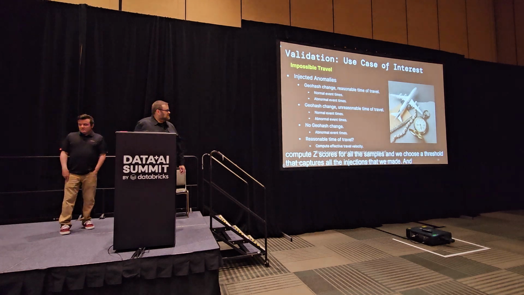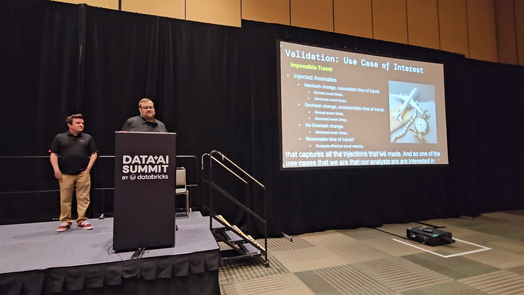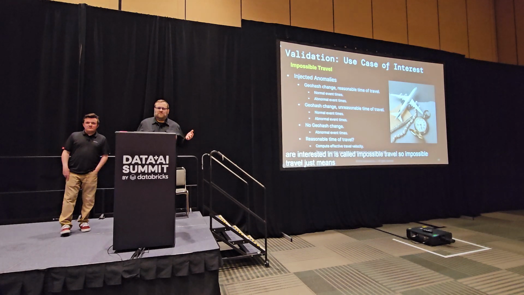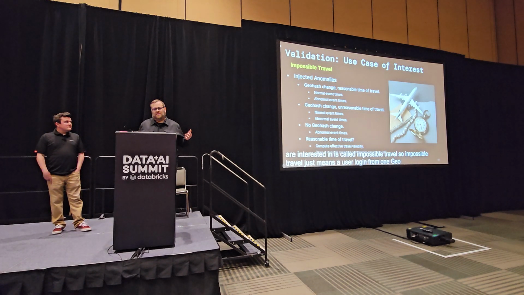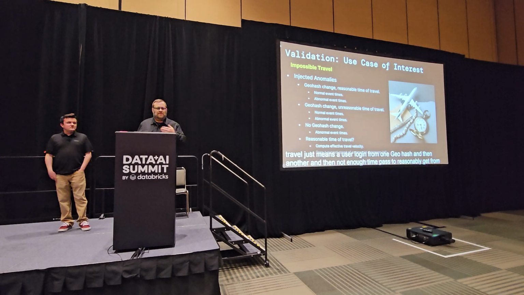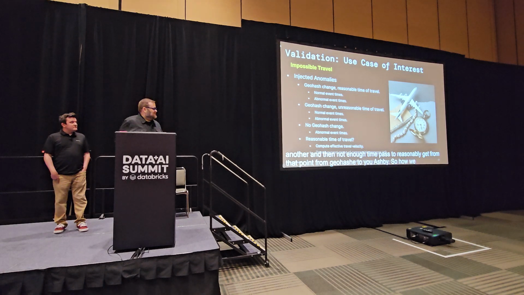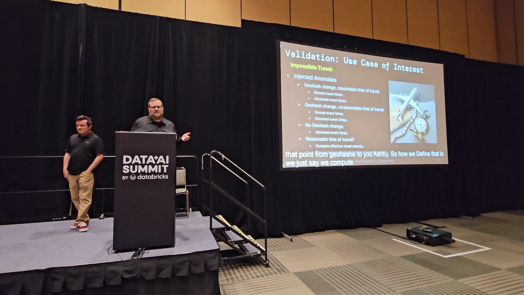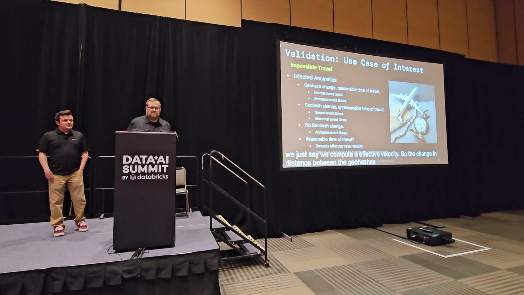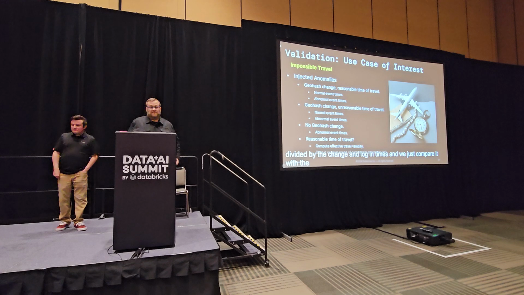One of the use cases that our analysts are interested in is called impossible travel. Impossible travel just means a user logging in from one geohash and then another, and not enough time has passed to reasonably get from geohash A to geohash B. How we define that is we compute an effective velocity, the change in distance between the geohashes divided by the change in login times, and compare it with the speed of a commercial airplane.